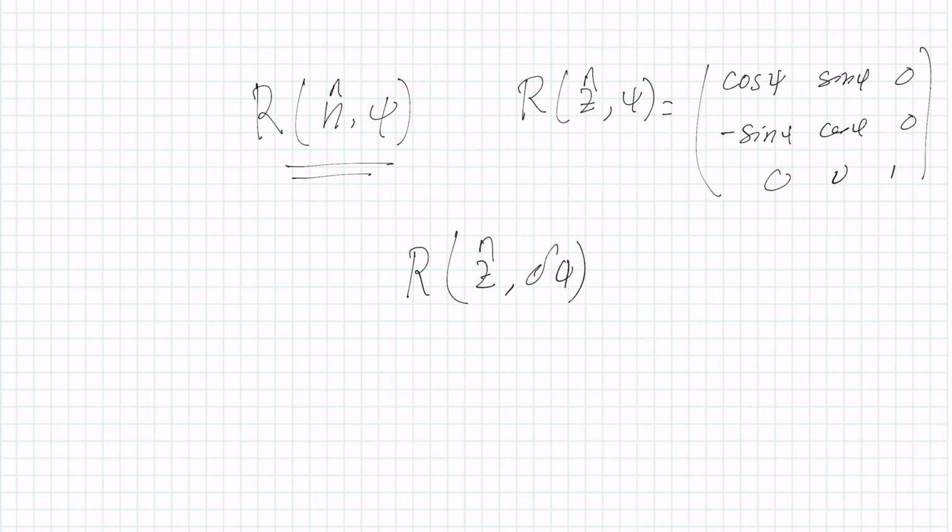Why I am doing this is, we can get this angle psi from a small infinitesimal rotation delta psi, so that when delta psi tends to 0, the rotation is basically an identity transformation.